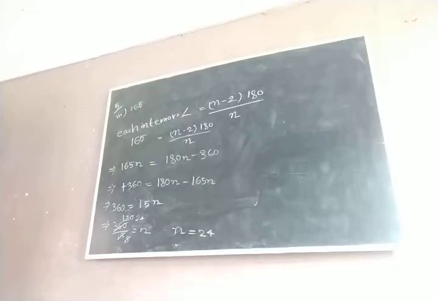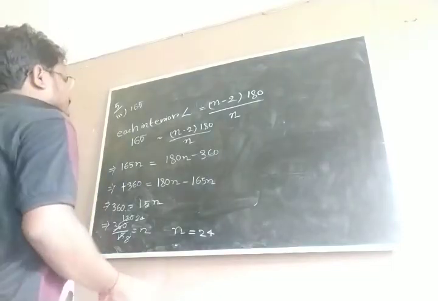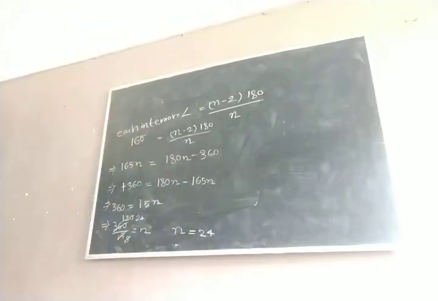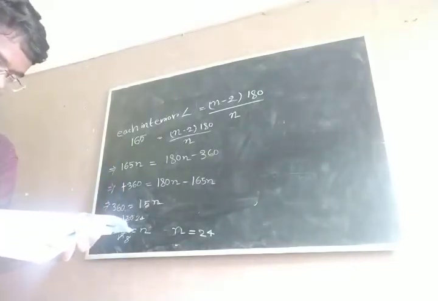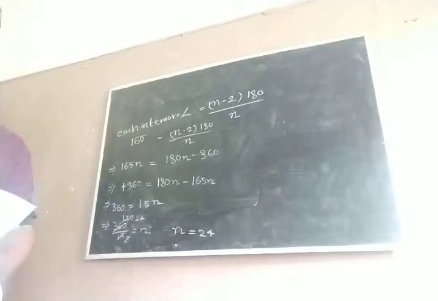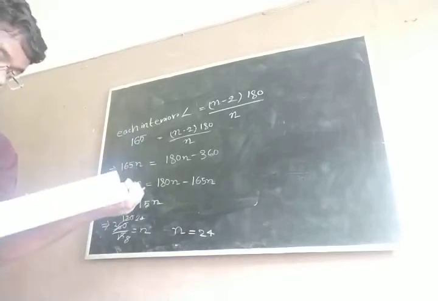Next, see all of you. Six three. Find the number of sides of the polygon if the sum of interior angles equals this.